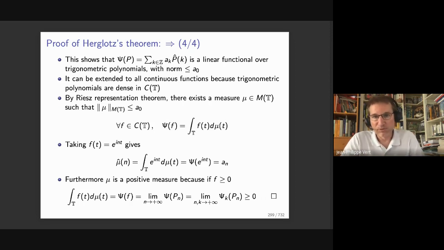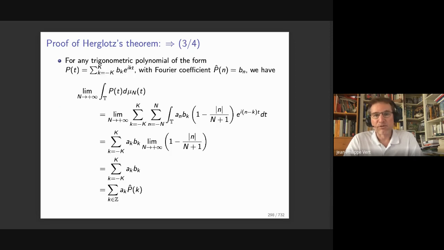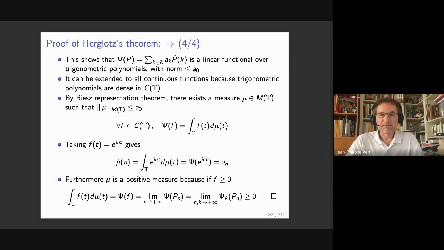So we want to compute the integral of exponential int d mu of t. And so this is just psi of exponential int. And because exponential int is a trigonometric polynomial, the simplest one, we can come back to the definition of psi for trigonometric polynomials, and it gives us exactly an. Right, so the Fourier transform of mu is A.